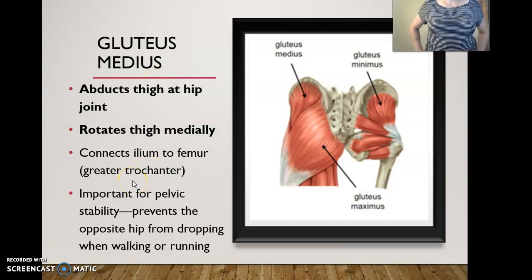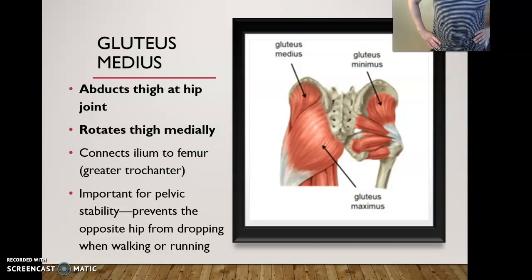So this one is going to help with pelvic stability. Let's see if we can see my hips. When you're running or walking, it's important because it helps prevent the opposite hip from dropping. If we drop that, we're going to have problems with our hips and knees and ankles.